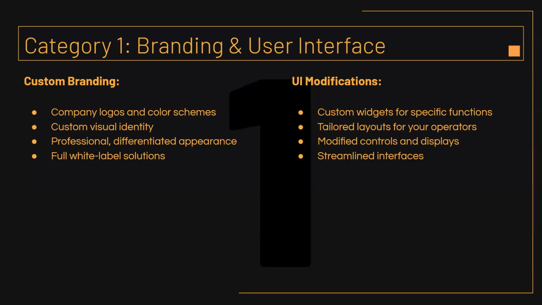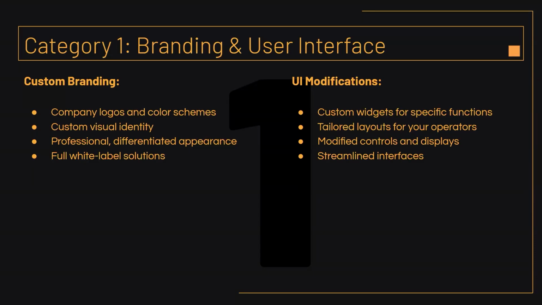So the first category is branding and user interface. This is kind of self-explanatory, but you may want to tailor your ground control station to your specific clientele, your brand, or your products. But it goes further than that. The user interface of baseline QGC is intentionally generic.